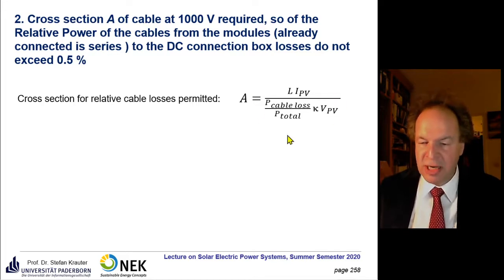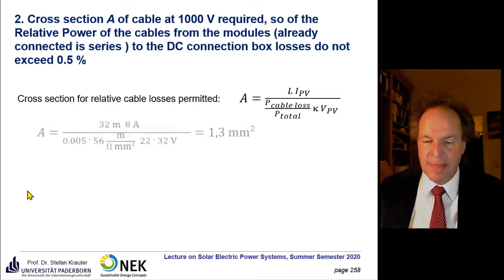That's the formula already given in the lecture, and we saw it already before. So it's the length of the cable times the current going through that. And here, this is a relative cable loss, 0.005, equivalent to 0.5%, times the conductivity of the cable, times the voltage of the system.